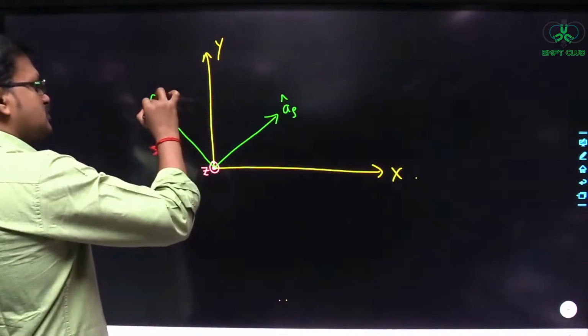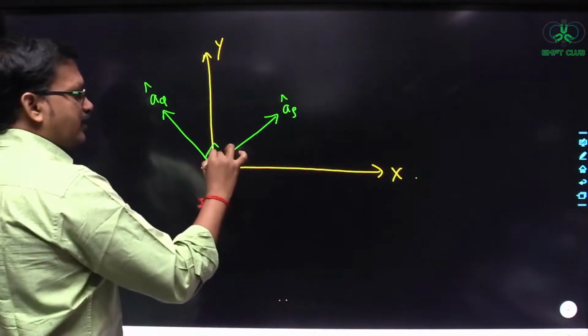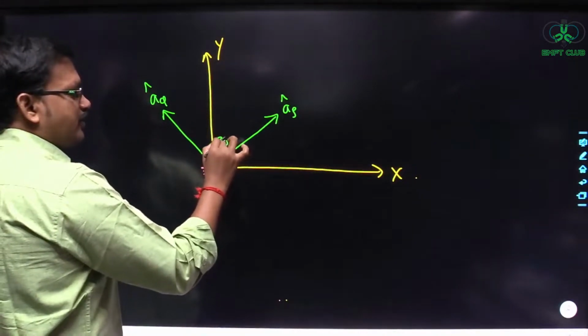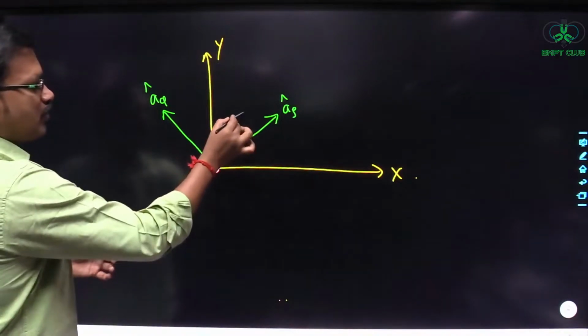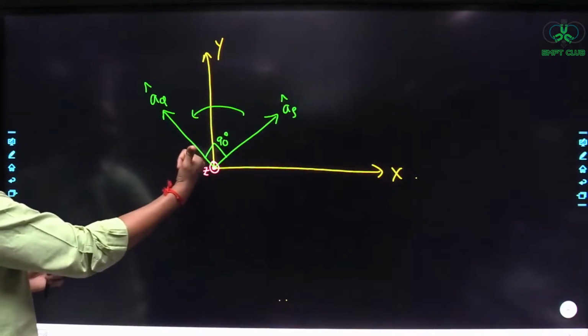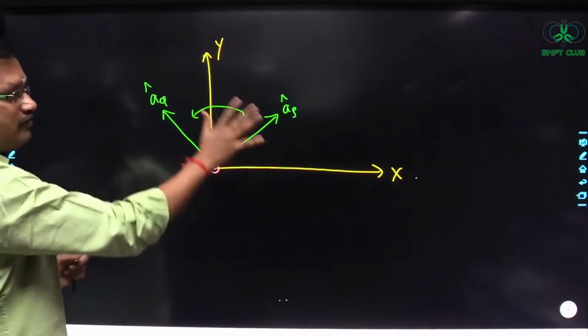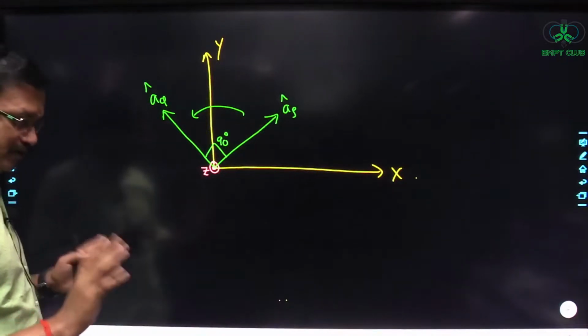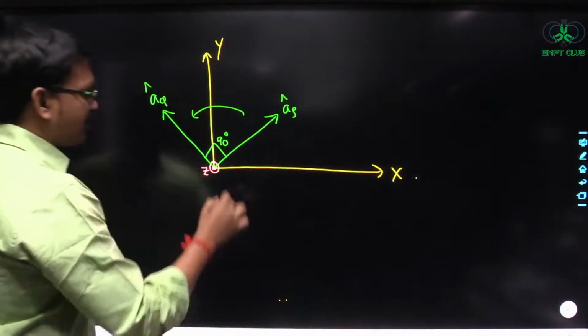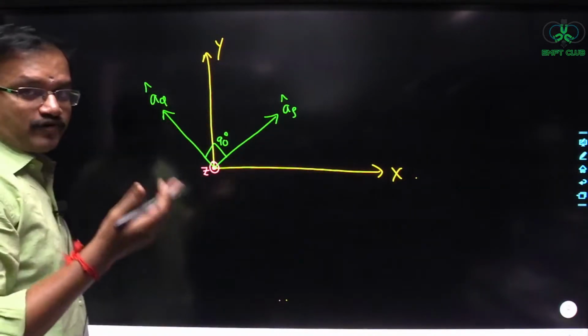So this is A5 cap, and the angle between these two is 90 degrees, and if you do aero cap cross A5 cap, the thumb is pointing along the AZ cap direction. Understood? So everything is valid, right? Okay. So graphically we are trying to determine aero cap and A5 cap in terms of phi, right?